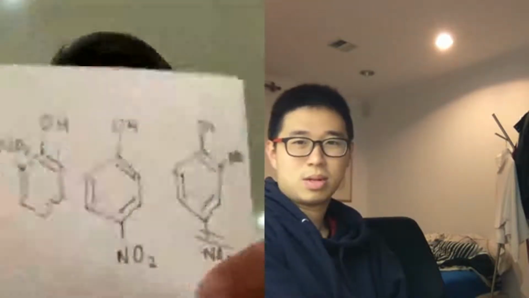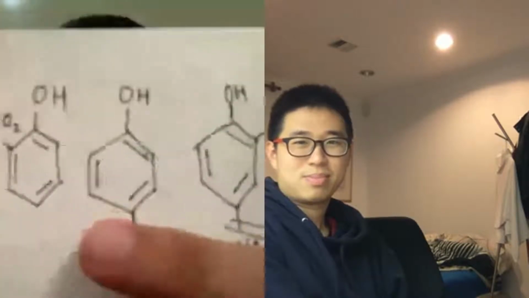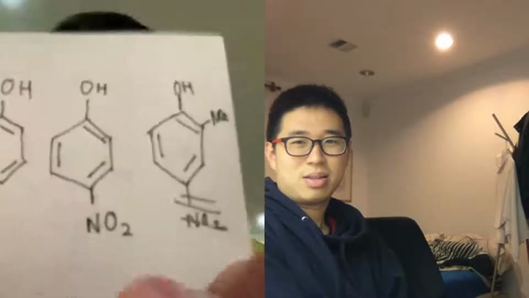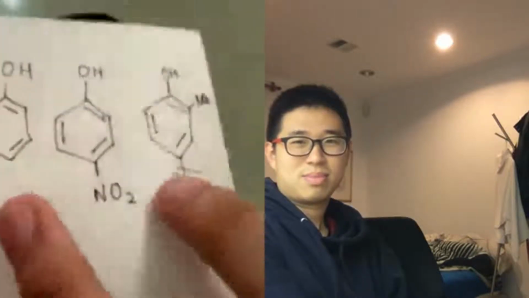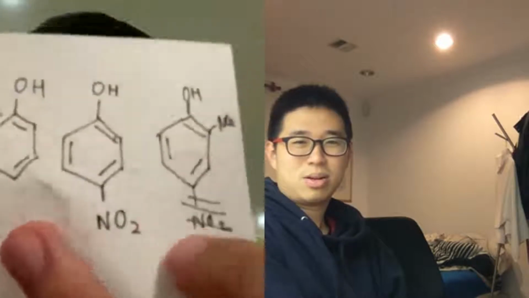They could form this, and this, but then this would be one-third, one-third, one-third. But then these two are considered ortho positions. So it should be 2/3 ortho, 1/3 para. So there's around 66% ortho isomer, 33% para isomer, right?